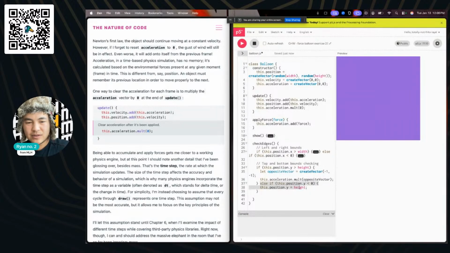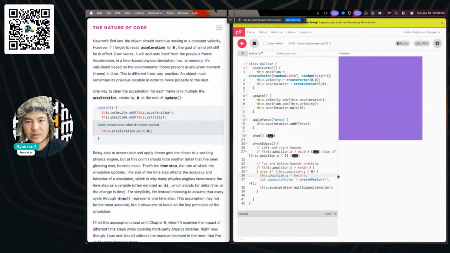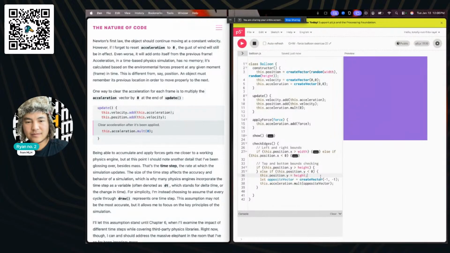Else if the position is less than 0, that means it's actually over the top. Oh, I guess we put this in the wrong direction. Let's actually move this down here then. Okay, this dot position dot y is equal to height.